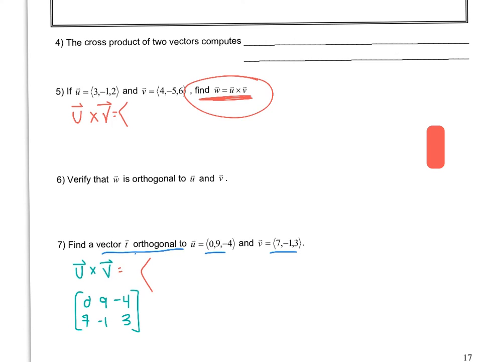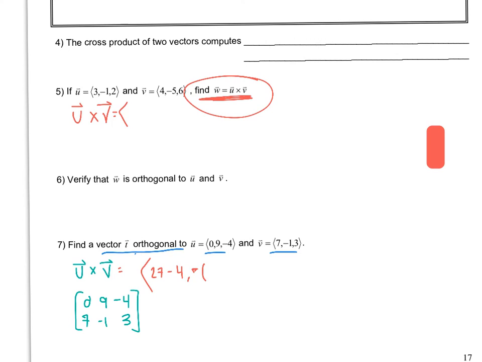Okay, so to find the first one, we cover up the column 1, and we would do 9 times 3, which is 27, subtract negative 1 times negative 4, which is positive 4. For the second entry, we always negate the value we end up with, so I'm putting that negative out there first. I'm covering up the middle column.